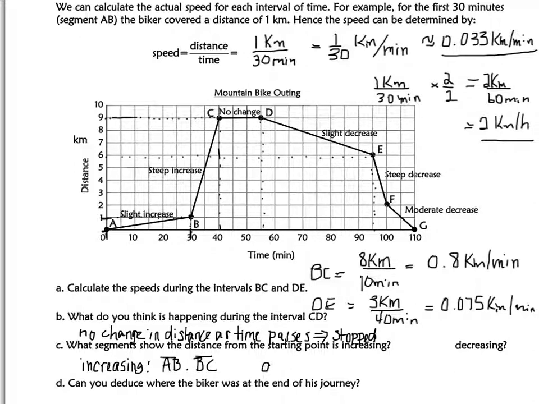And decreasing would be the ones where the line is falling as time moves on, and that would be segments DE, EF, and FG.